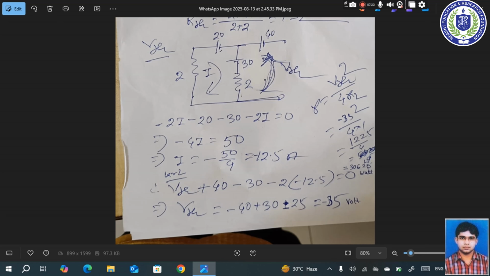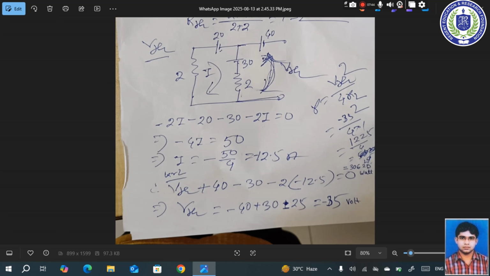So we can write plus VTH plus 40 minus 30 minus 2 into current. This current, that means this I current, is flowing through the 2 ohm resistance. So we can write minus 2 into minus 12.5 equal to 0.